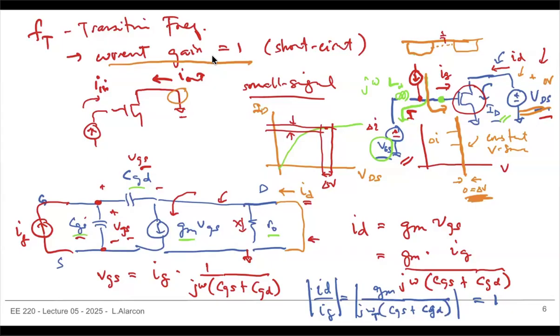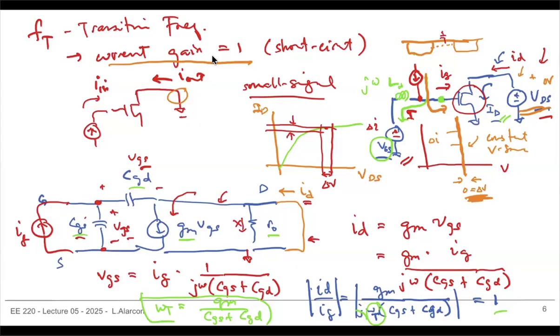In the magnitude, the magnitude of j is just 1, right? So what is omega t? I just move this over here, then omega t is just gm over (cgs plus cgd). And that's what we have in the homework, so make sure we understand. This is the small signal short circuit current gain.